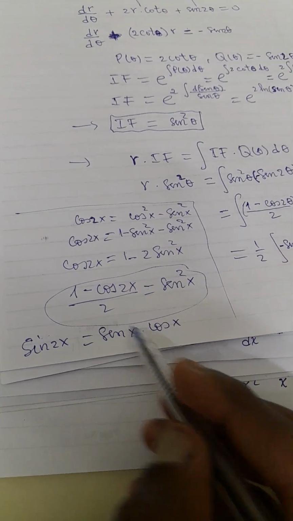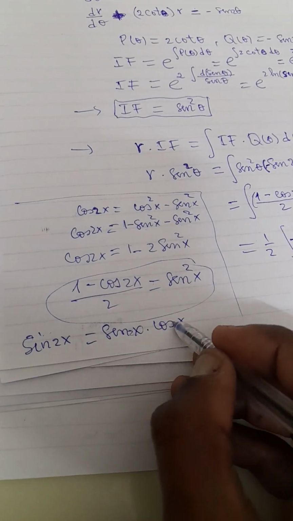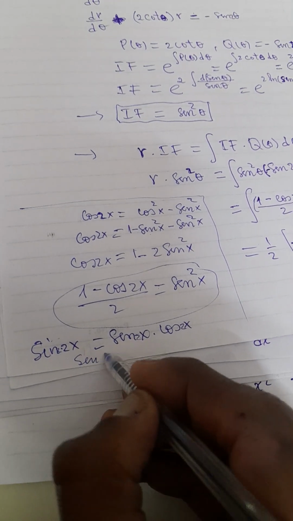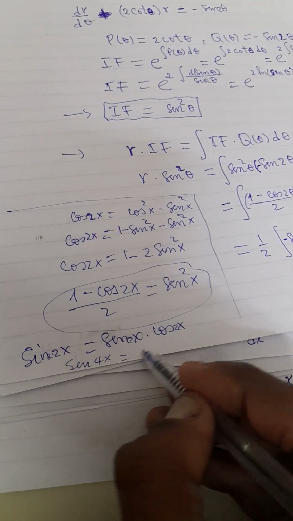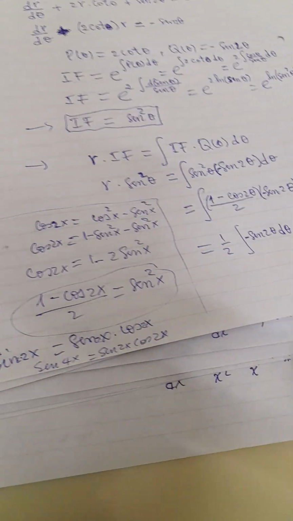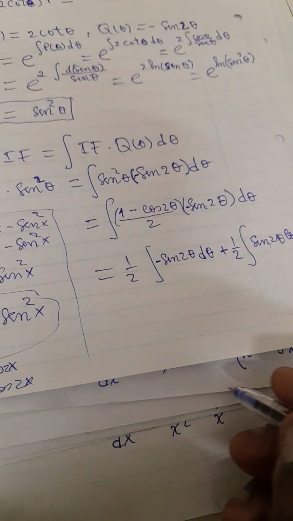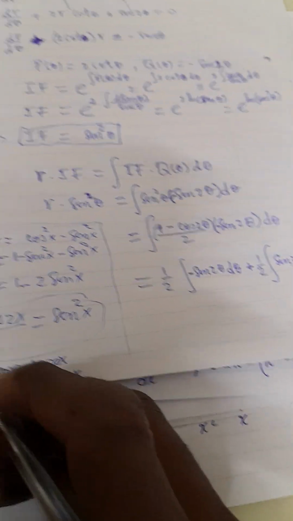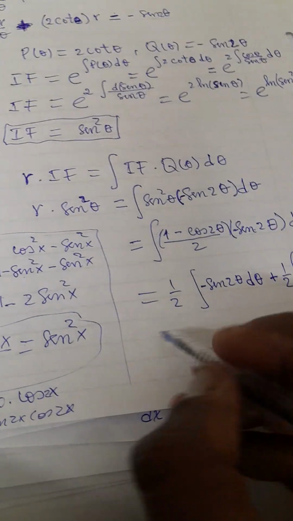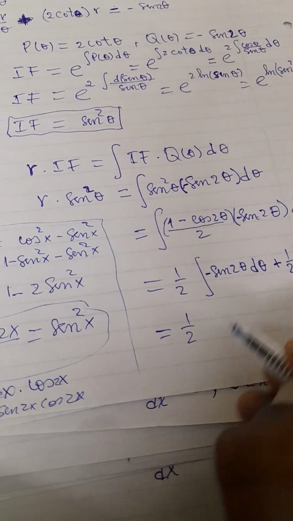Do the same analogy. If here it is 2 and here it is 2, it will be 2 also here, then sin of 4x is equal to 2 sin 2x cos 2x. Then you are going to get this one. And here it is 2 and 2, just twice the time.